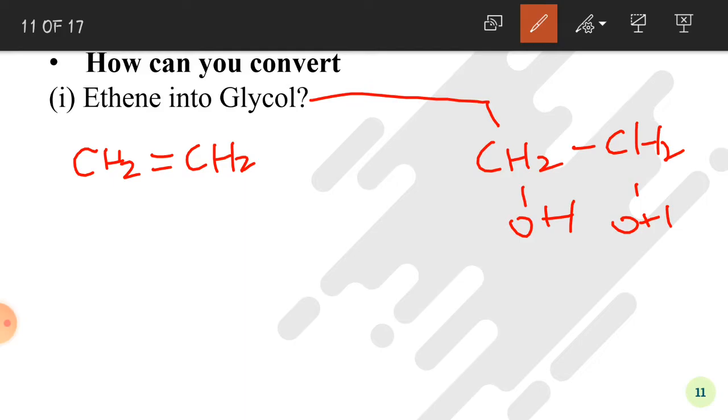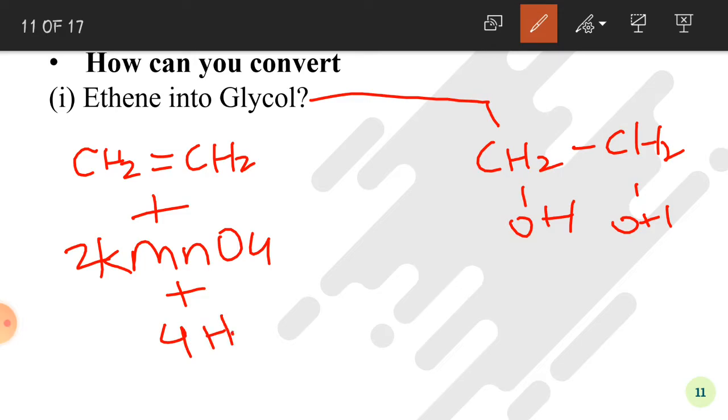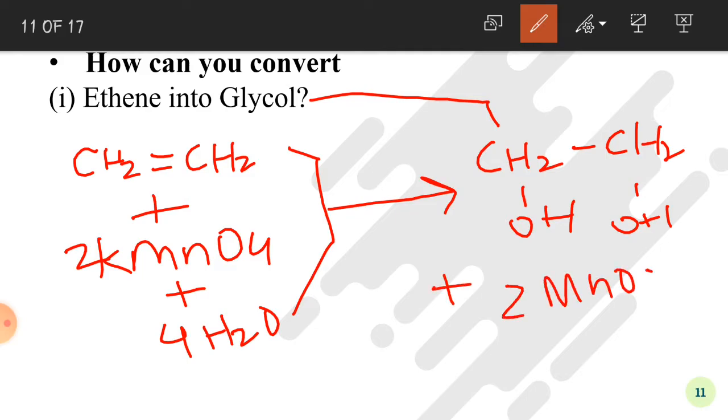Now, how do you accomplish this conversion? We use potassium permanganate. So, 2 moles of potassium permanganate plus 4 moles of water molecule. These substances react to give glycol plus 2 moles of manganese dioxide plus 2 moles of potassium hydroxide.